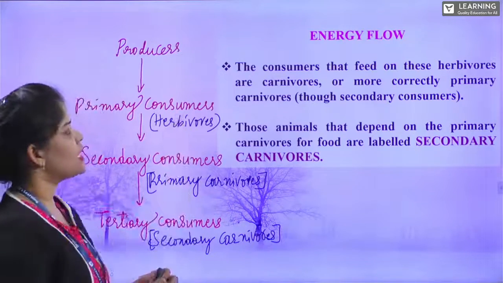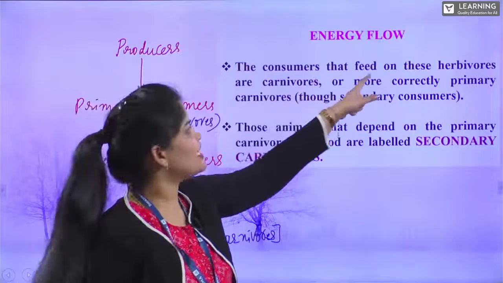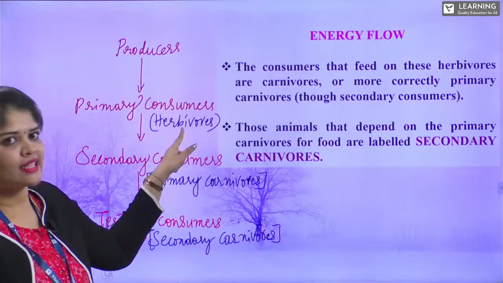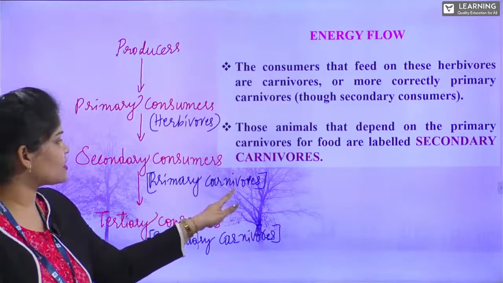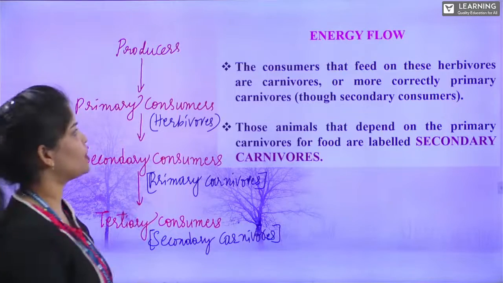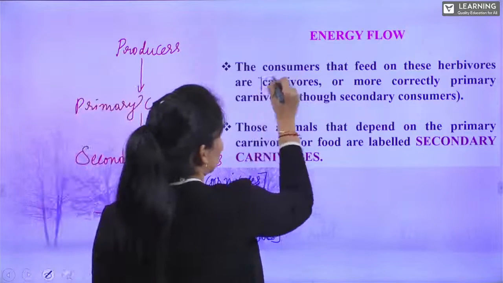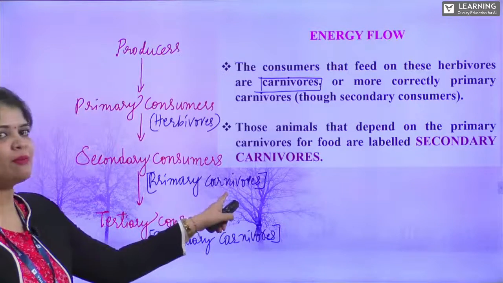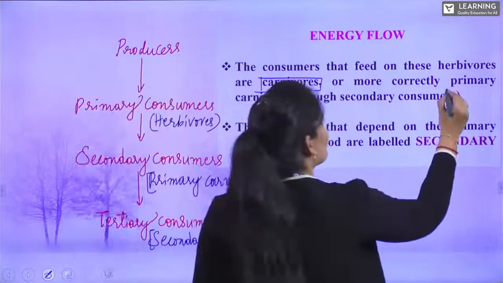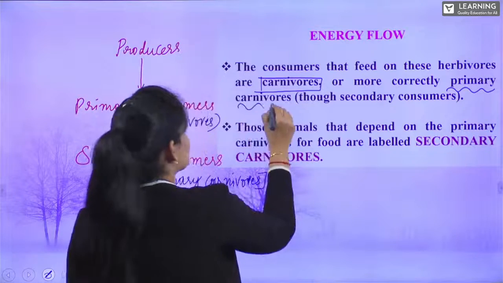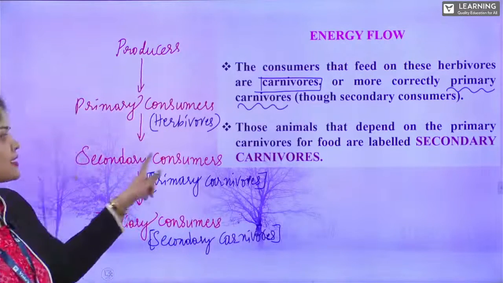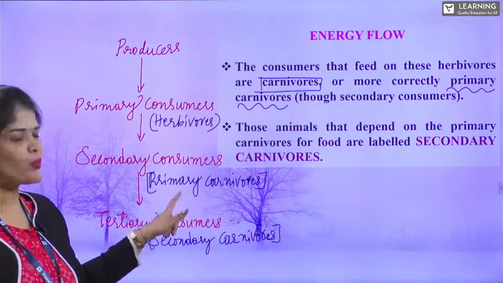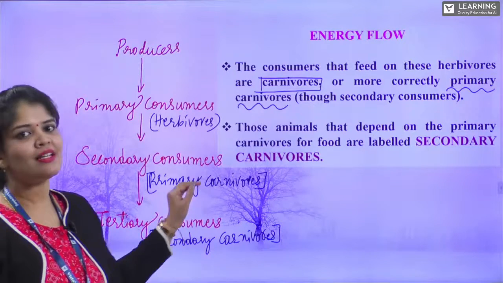So here, the consumers that feed on these herbivores are carnivores. Or more correctly speaking, they are primary carnivores. So the secondary consumers can appropriately be called primary carnivores.